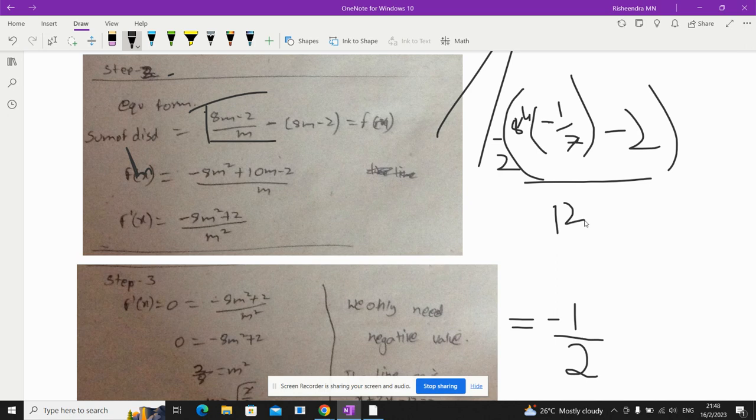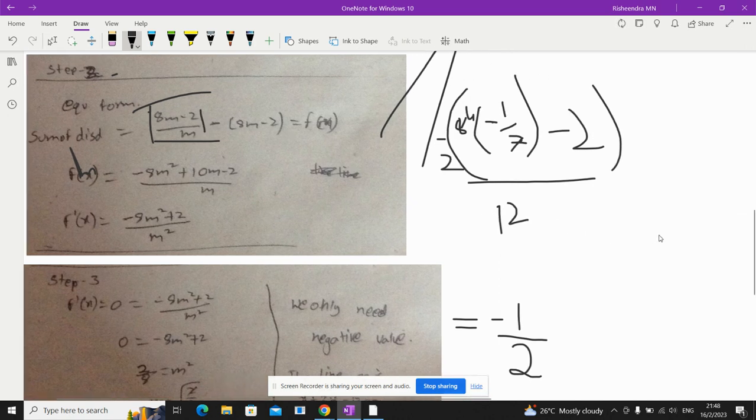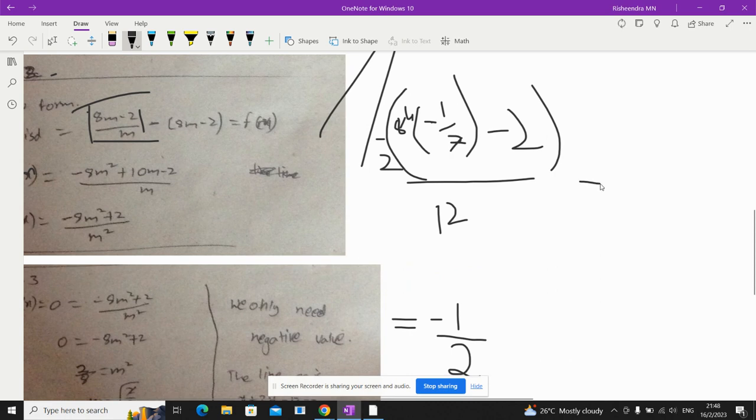The answer will be 12 for this part, and we have to subtract it with minus 8 into m, right? Minus 1 by 2, minus 1 by 2 minus 2.